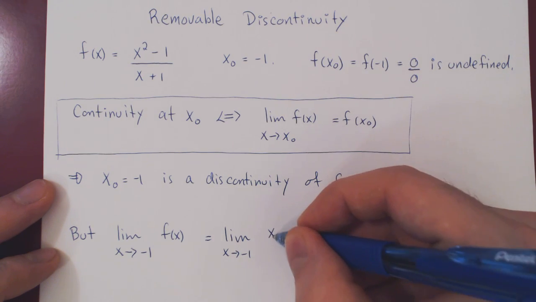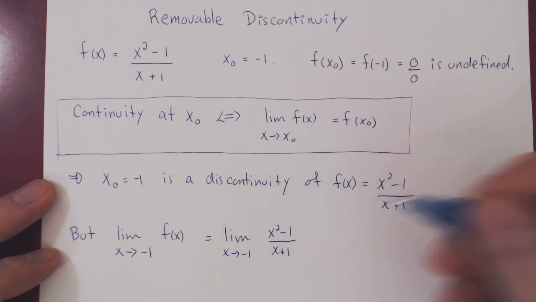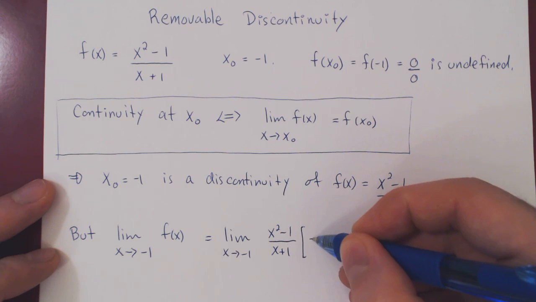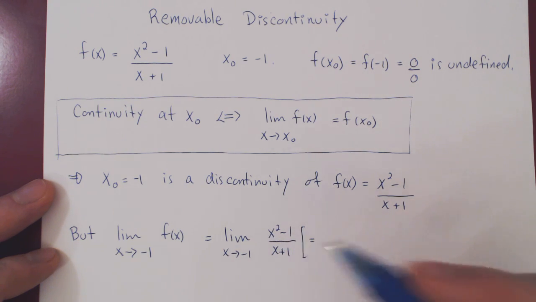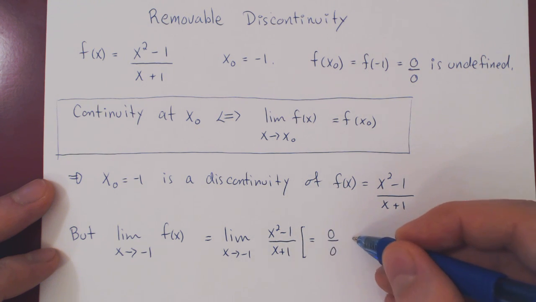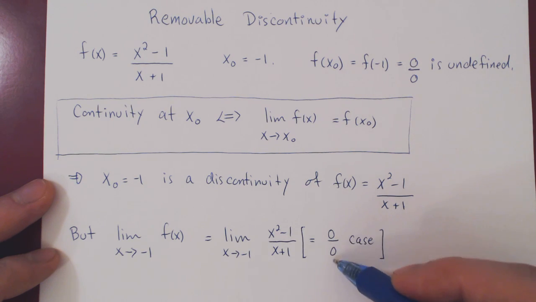f of x is x squared minus 1 over x plus 1. As always, when we have a limit, we consider the case that we're dealing with. Well, as x approaches negative 1, x squared minus 1 approaches 0, and x plus 1 also approaches 0, so we have an indeterminate form, a 0 over 0 case.